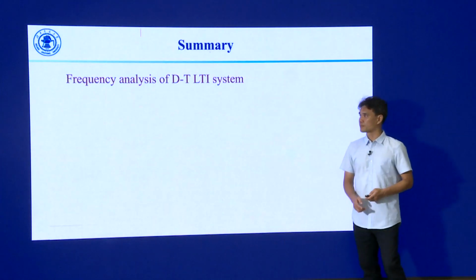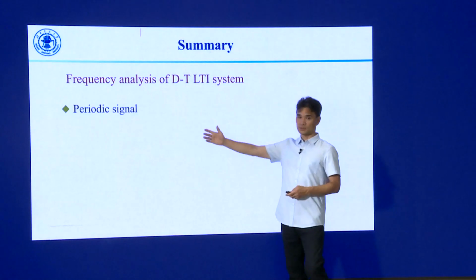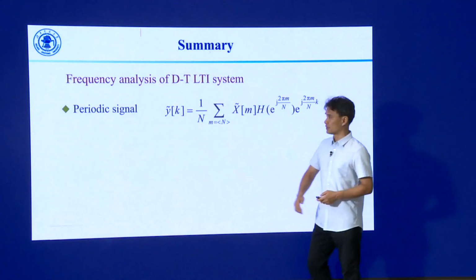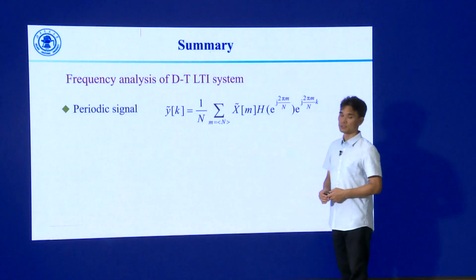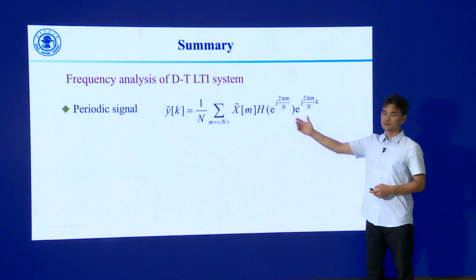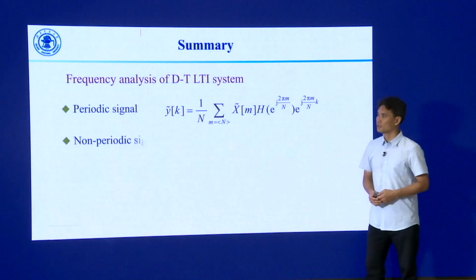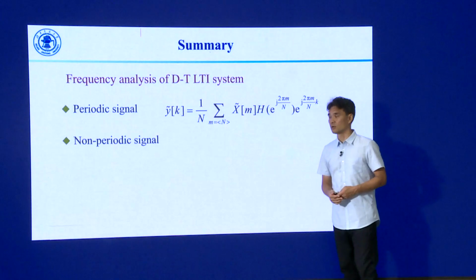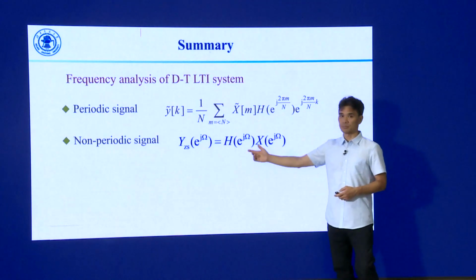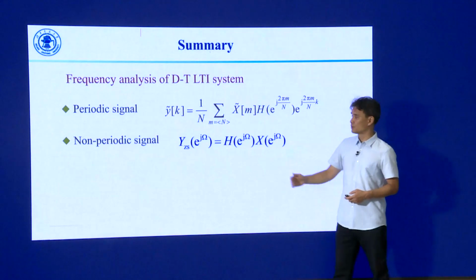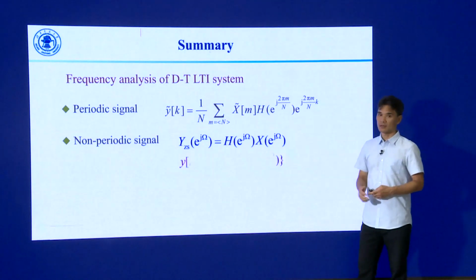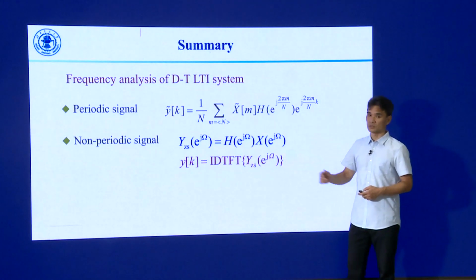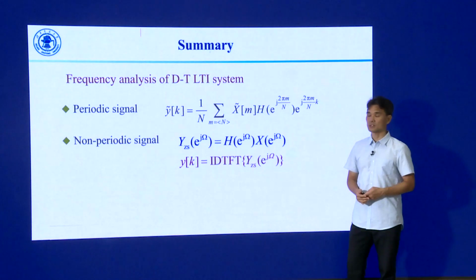To summarize, when a periodic sequence is input into a discrete time LTI system, the zero-state response can be represented by a discrete time Fourier series. And in case a non-periodic sequence is input into the discrete time LTI system, the interaction between the system and the signal can be represented by this equation, and the zero-state response of the system can be calculated using the inverse discrete time Fourier transform.